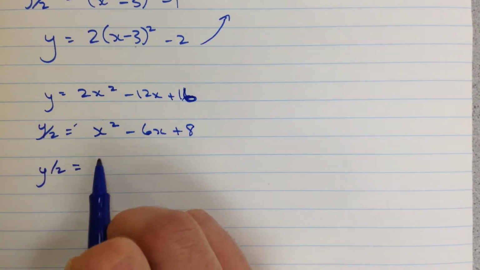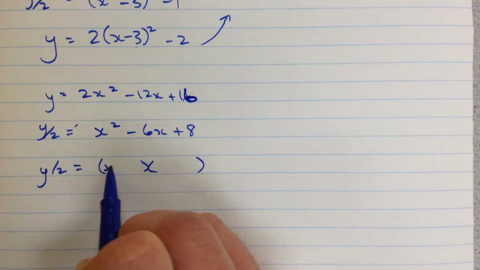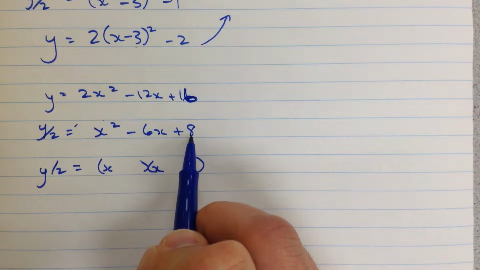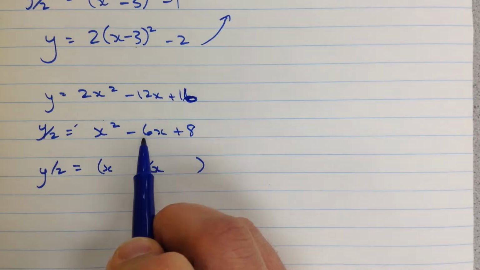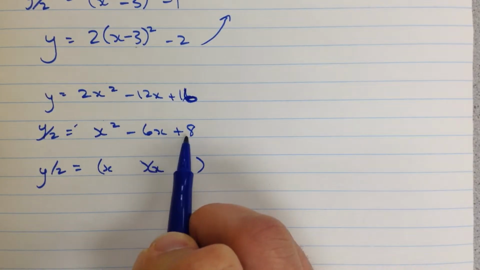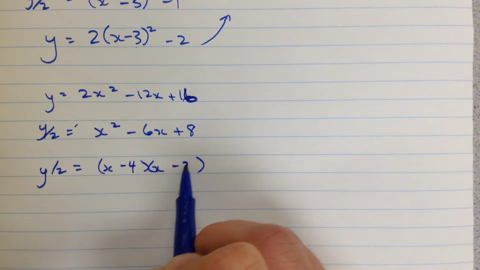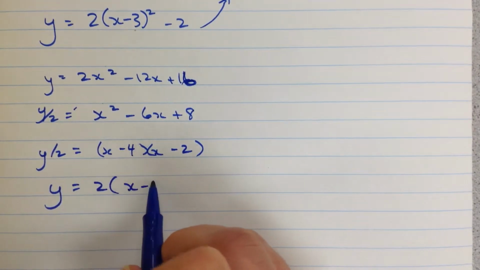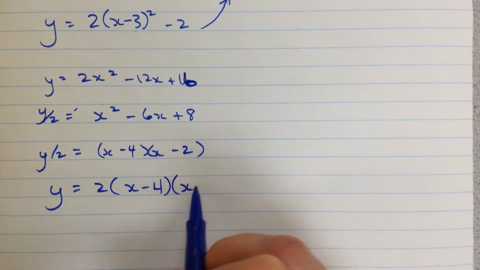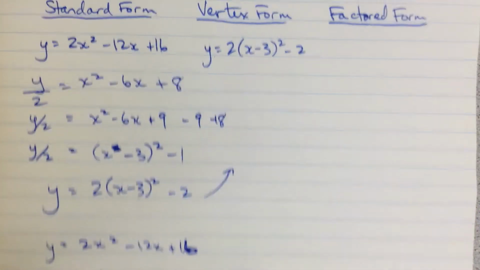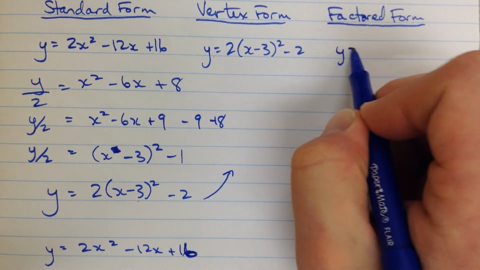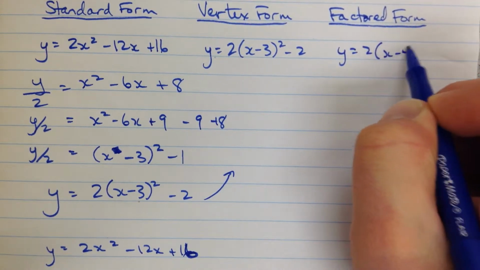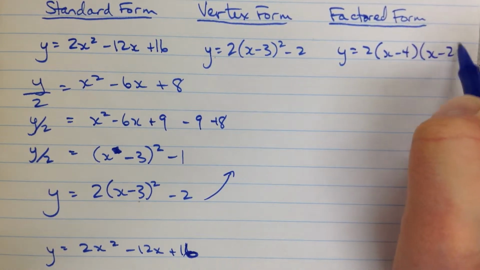I can do that one in my head: two numbers that multiply together to give me 8 and add to give me negative 6. Well, they must both be negative. Negative 4 and negative 2 fit the bill, and getting that 2 back leaves me with that. So let me write that up at the top here. y equals 2 times x minus 4 and x minus 2.